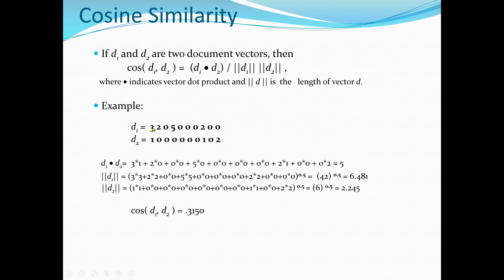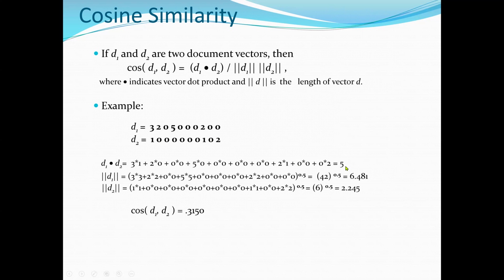And the cosine similarity will be D1 vector dot product D2. We put in the values. A vector means we have attribute values. D1 has 10 values, D2 has 10, and they match each other. So we get 3 times 1 plus 2 times 0 plus 0 times 0 plus 5 times 0, all the way down to the end.